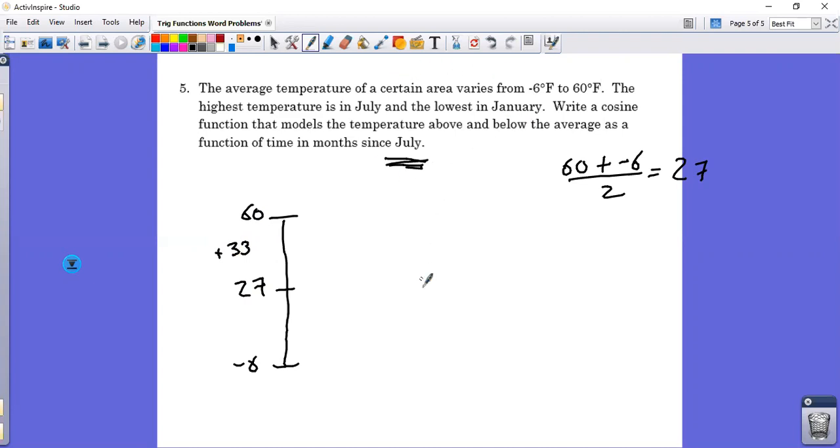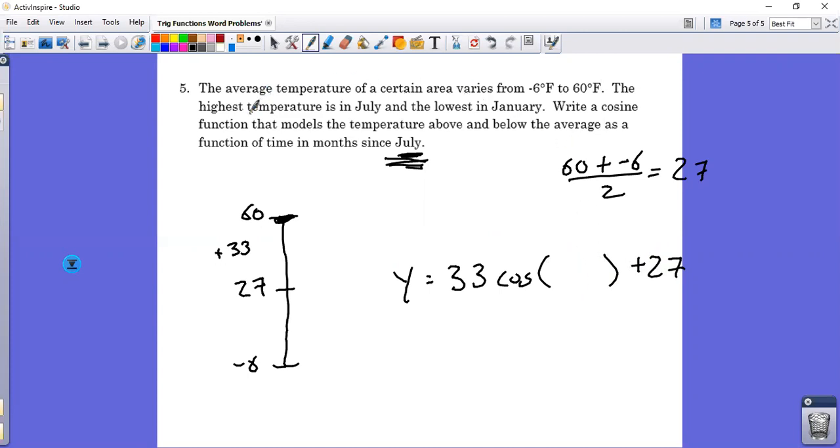So you're writing a cosine. Starting in July, it's starting here at the high temperature, so you want a positive cosine plus the midline. If the midline was a negative number, you just write minus.